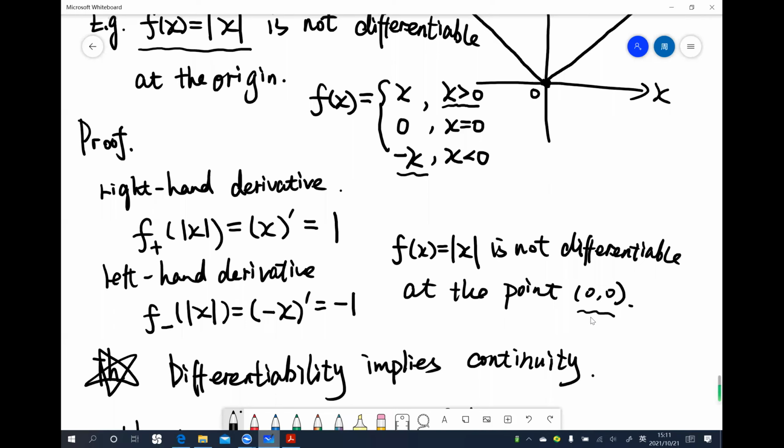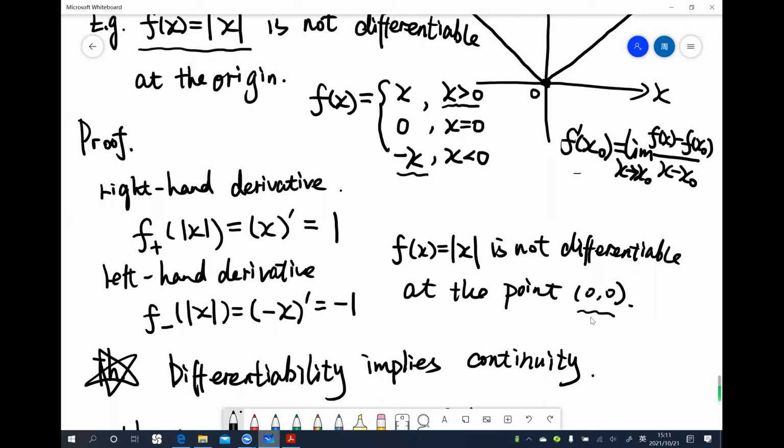At the point, remember the definition, that is f prime x0 equals the limit as x approaches x0 of f(x) minus f(x0) by x minus x0.